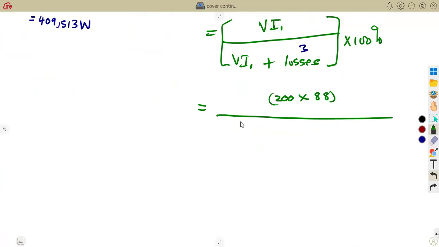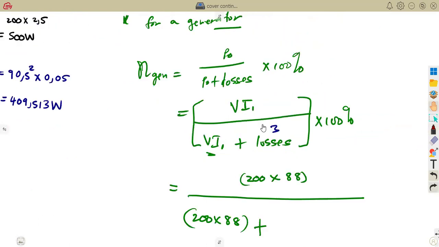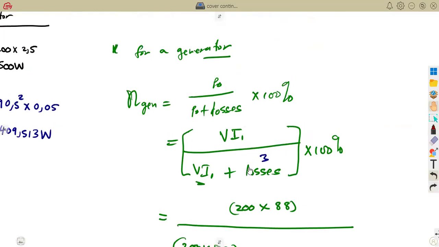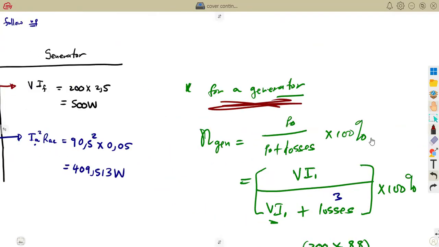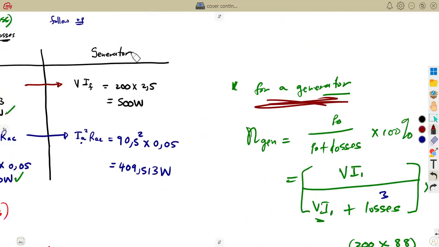This is just a single value, the same value that we have there, 200 times 88 plus the three losses that we are referring to on the generator. Be careful there. For a generator, we are going to add the same copper losses that we had, but on a generator. Remember, we're dealing with a generator also. So we're going to take this one, 500, 409.